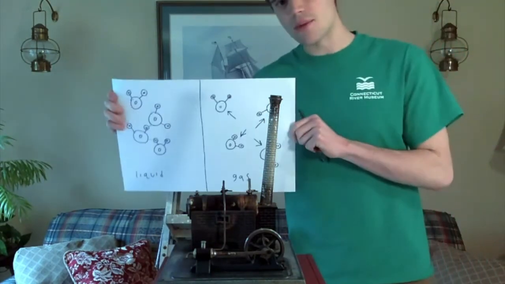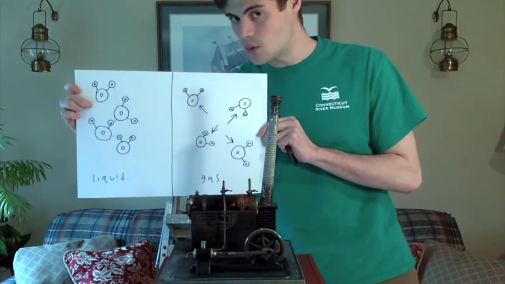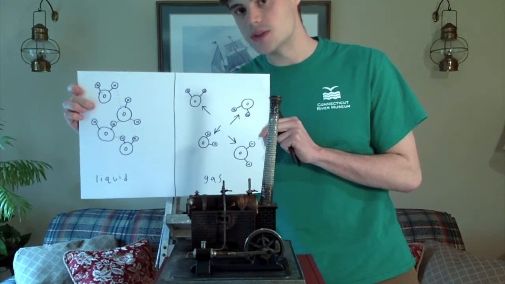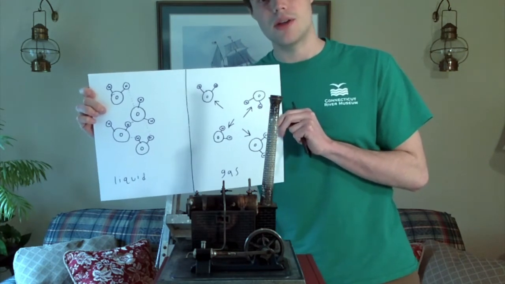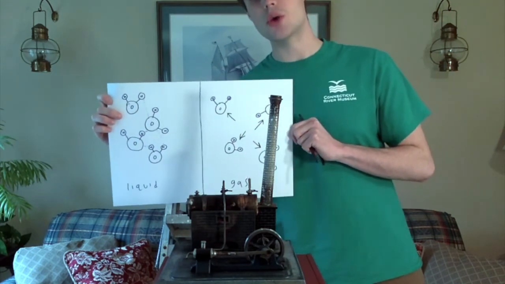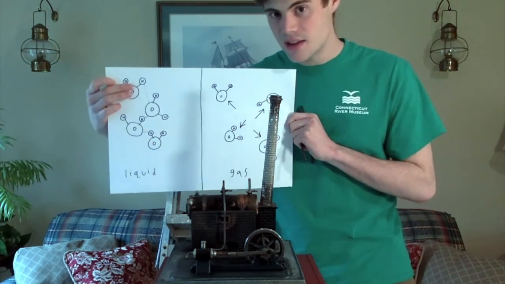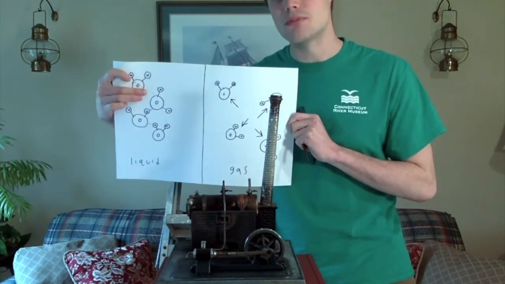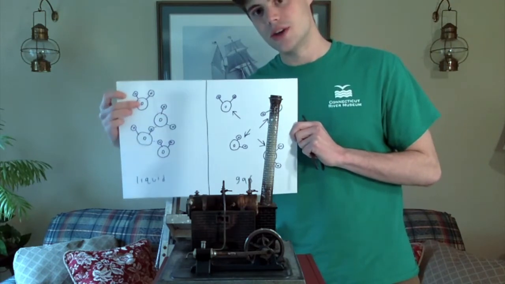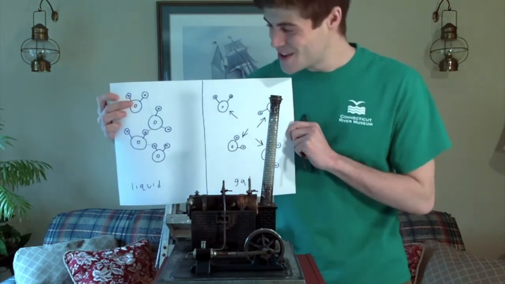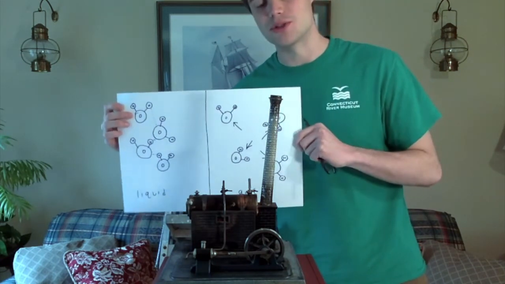In this diagram of water molecules, you can see that when water is in its liquid state, all of its molecules are very closely bound together. They're virtually all touching one another, and you can see that in between the H's and O's of the different molecules here, remembering that the water molecule is the two hydrogen atoms and the one oxygen atom that are bound together to make water.